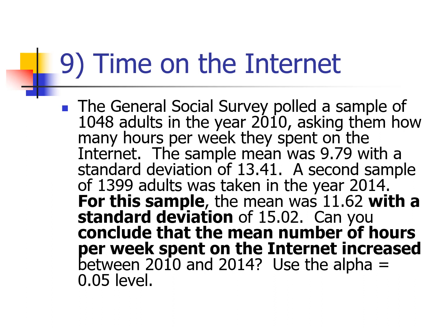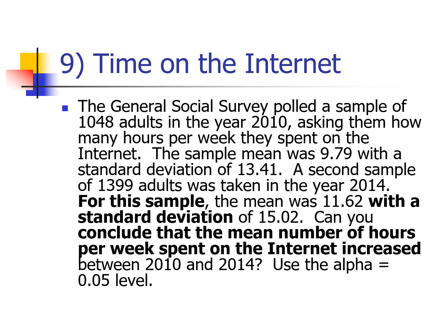A second sample was taken in 2014, a slightly larger sample. And then I kind of broke up the bolding. It says for this sample, and then says a standard deviation of 15.02, right? So it's implied, it's not as direct as it could be, but it's implied that they're using a sample mean and the sample standard deviation, the standard deviation of the sample.